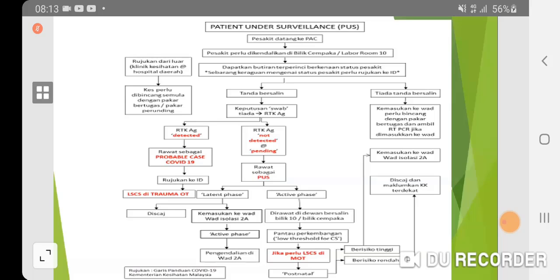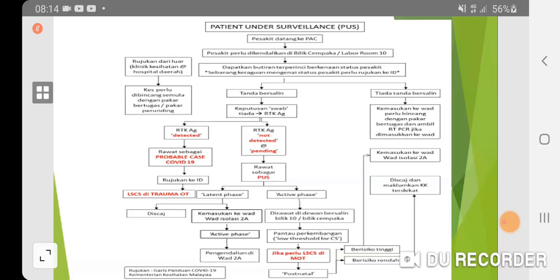If the patient does not need a cesarean section and is low risk, we can discharge the patient from the bilik cempaka or labor room 6 as a low risk discharge, and we should alert the nearest KK about the discharge. If the patient is high risk, we should admit the patient to isolation room 2A.